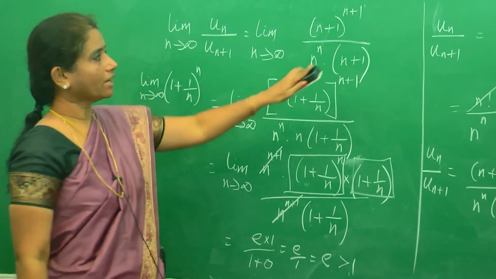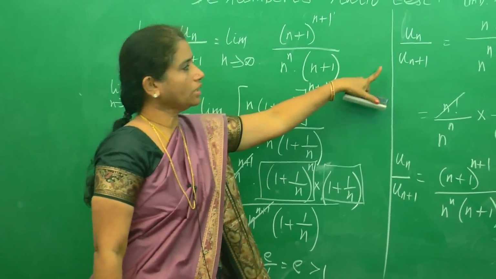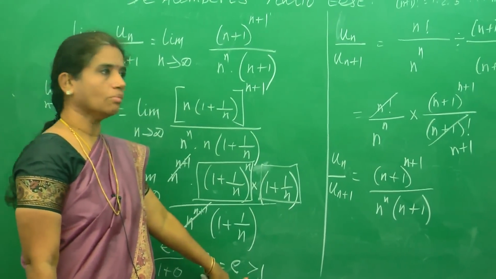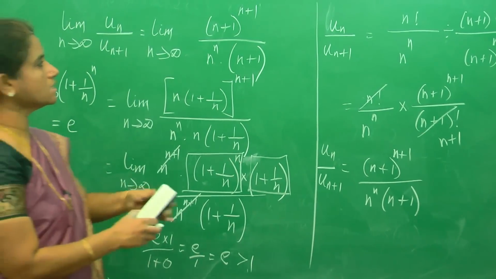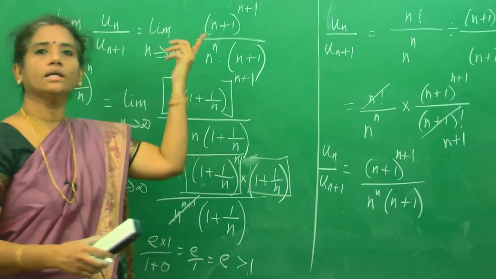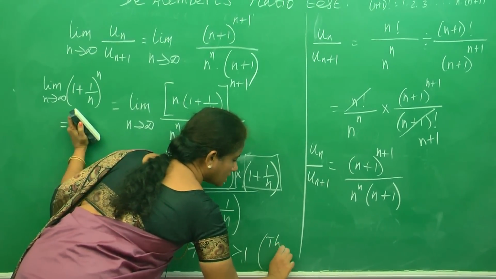Okay, so now I have done the reverse of this, so please understand. So un by un plus 1, I got it as more than 1. Therefore the series converges now, because this is the reciprocal, the inequality in the test is going to change.